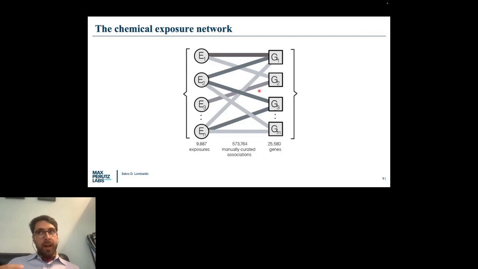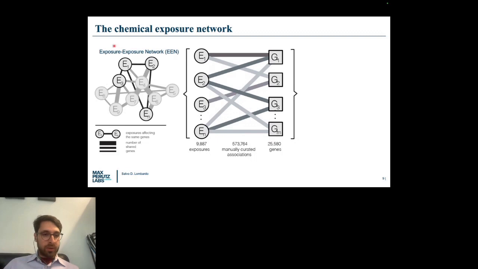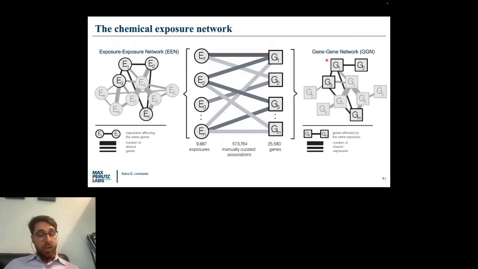And once we have a bipartite graph, we can project that onto two sides so that we obtain a normal network where each node is an exposure, and an edge is built whether they share a significant amount of perturbed genes. And on the other side, we have a gene-gene network.